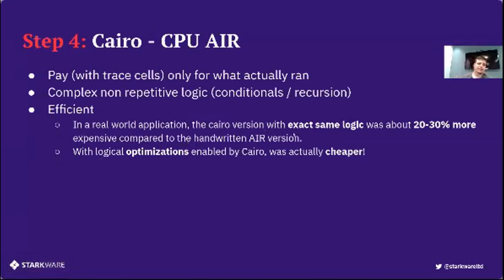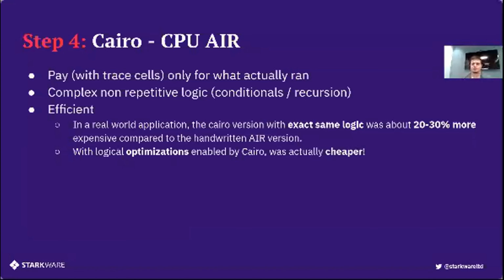A nice thing we noticed is it's actually very efficient. When we took the handwritten AIR version and tried to translate it to Cairo, it was only about 20 to 30% more expensive.